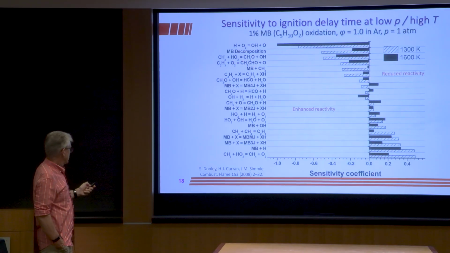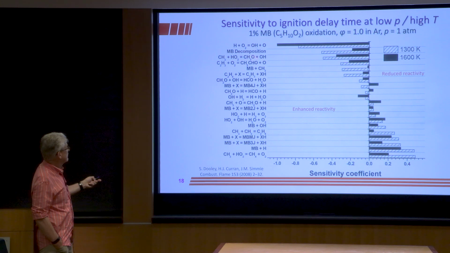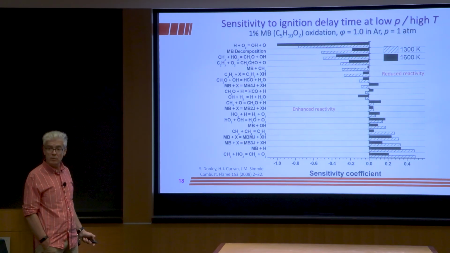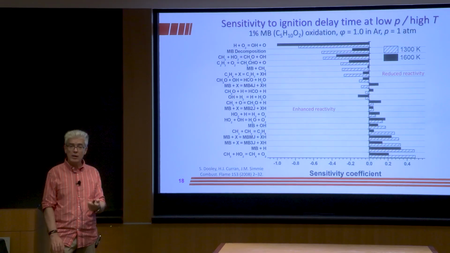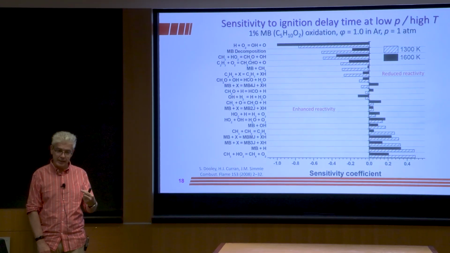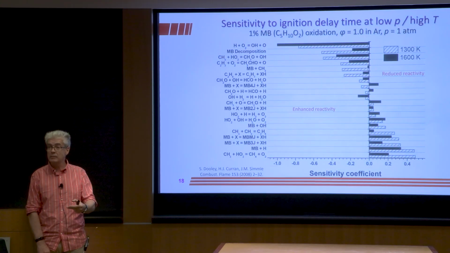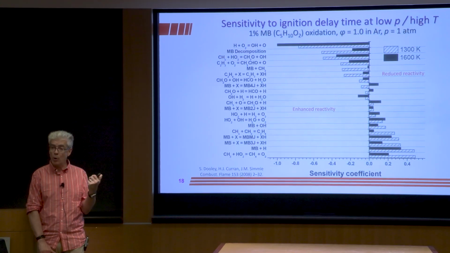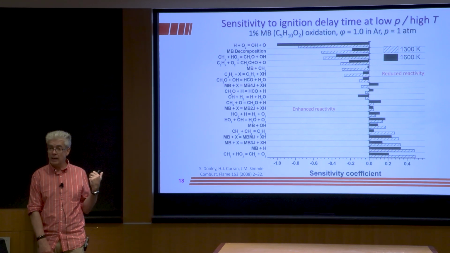But if I scroll down, now we start to see C1 chemistry, C2 chemistry, C1 chemistry, hydrogen chemistry, and so on, and methyl butanoate, and then C1 chemistry again. So an awful lot of the reactions here involve hydrogen and the C0, C1 chemistry set, and they're very important to methyl butanoate oxidation.